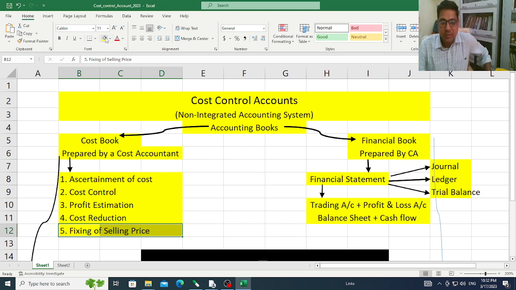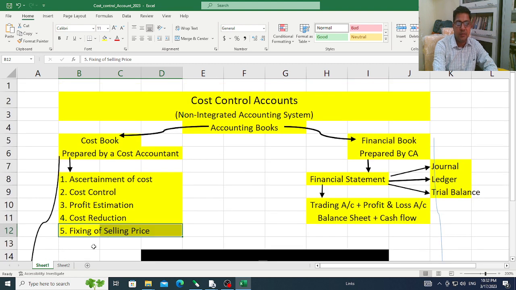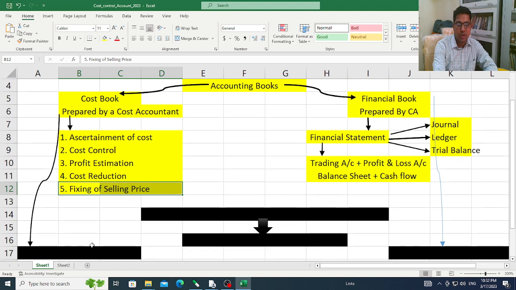Here we will prepare these kinds of books of records. Now what happened? The company told the cost accountant, you should also prepare the financial statement, but the cost accountant is not interested in doing the financial statements.